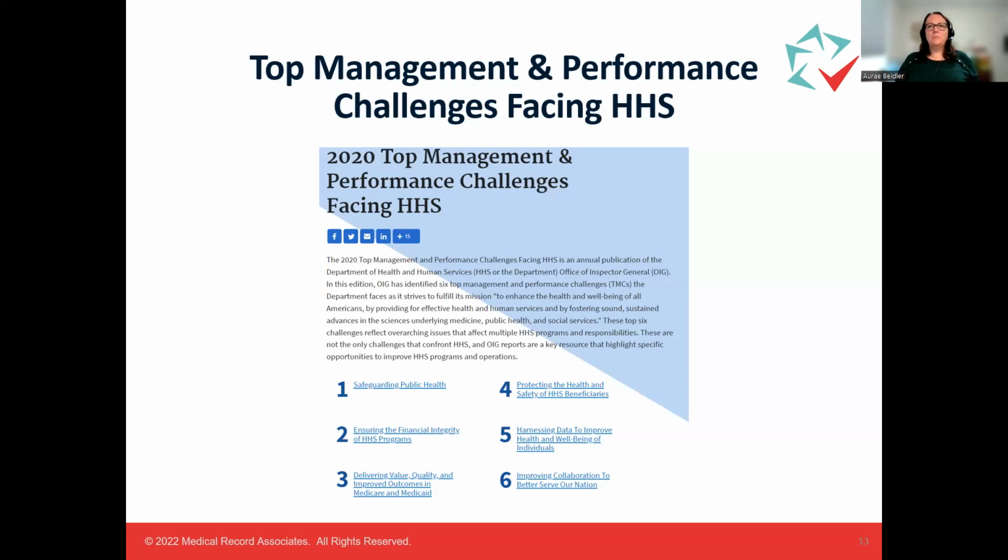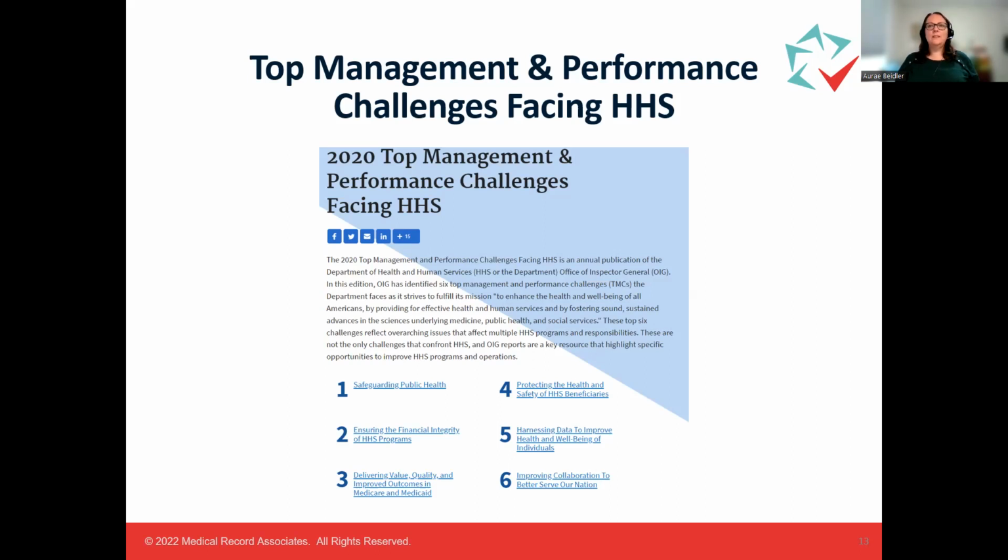So safeguarding public health, as we're still in the COVID pandemic, really is the core mission of HHS, to enhance the health and well-being of all Americans. So many resources are focused on the pandemic, to operate effective public health programs. HHS really will be focusing on those efforts with its stakeholders, such as the FDA. You'll see a lot coming from the FDA, a lot of work with HHS, CDC and beyond.